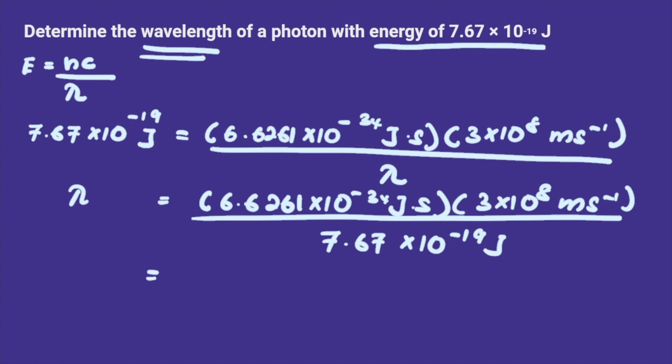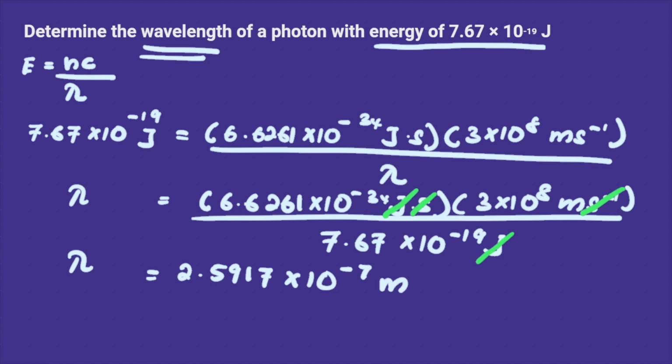Alright, so you should get your wavelength, because this one is in joule, so joule cancels joule, and then this is meter per second and this one is second. Therefore, you should get your final answer is equivalent to 2.5917 times 10 to the power of negative 7 meter.